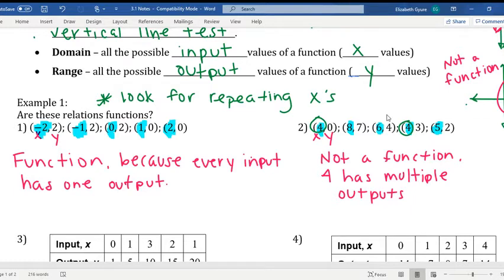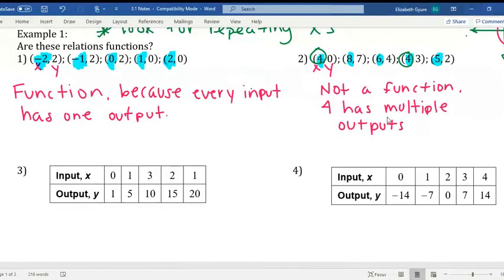Okay? Part 3 and part 4 are the exact same thing, except it's not set up as points. It's set up in a sideways T-chart type of situation, okay? So it lists all your inputs or your x's at the top, y's or outputs at the bottom. Okay, so these are your x's and then your y's.